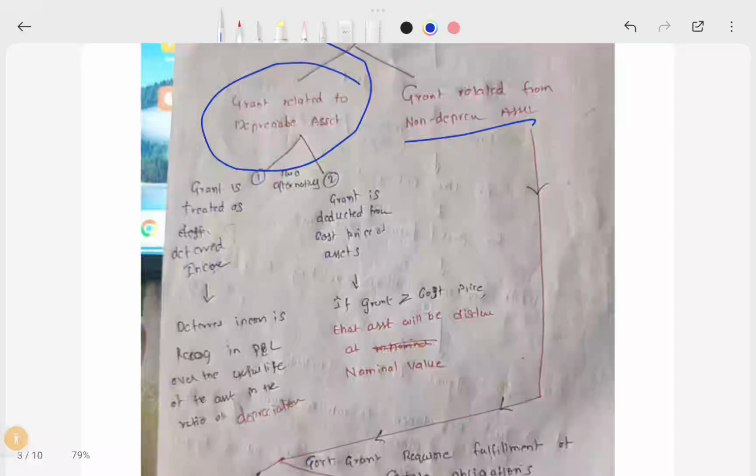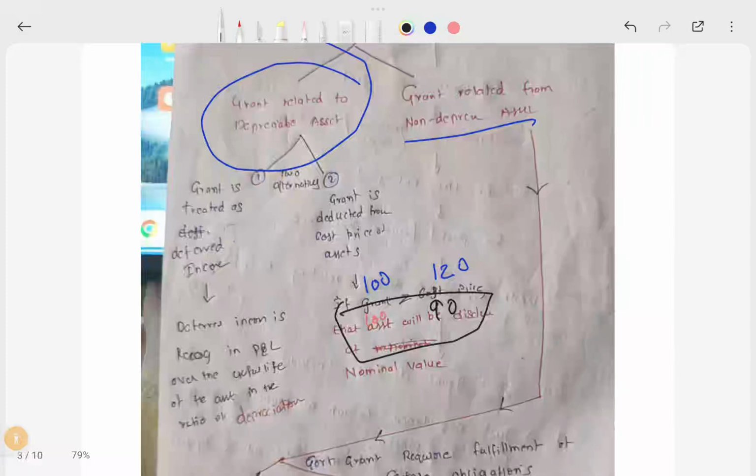One more thing: if your grant is more than the cost price, say your grant is 100 crores here and the cost price is 120. In another example, the grant is the same 100, but the cost price is 90 only. If the cost price is less than the grant, in that case you should show the asset at nominal value.